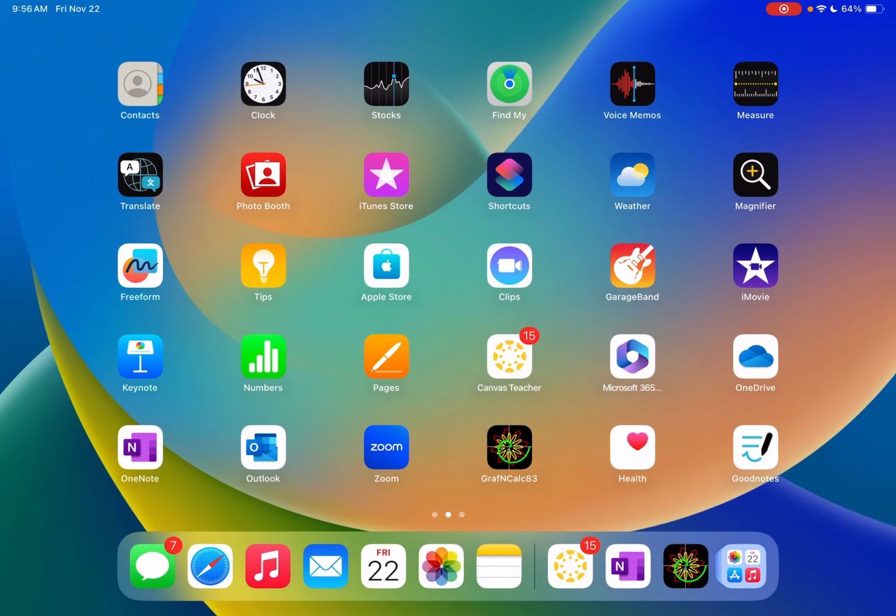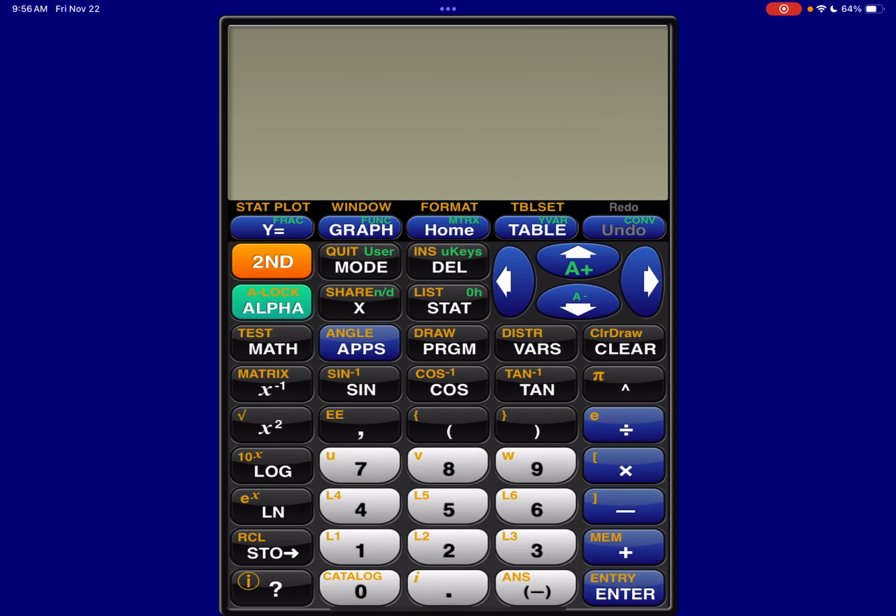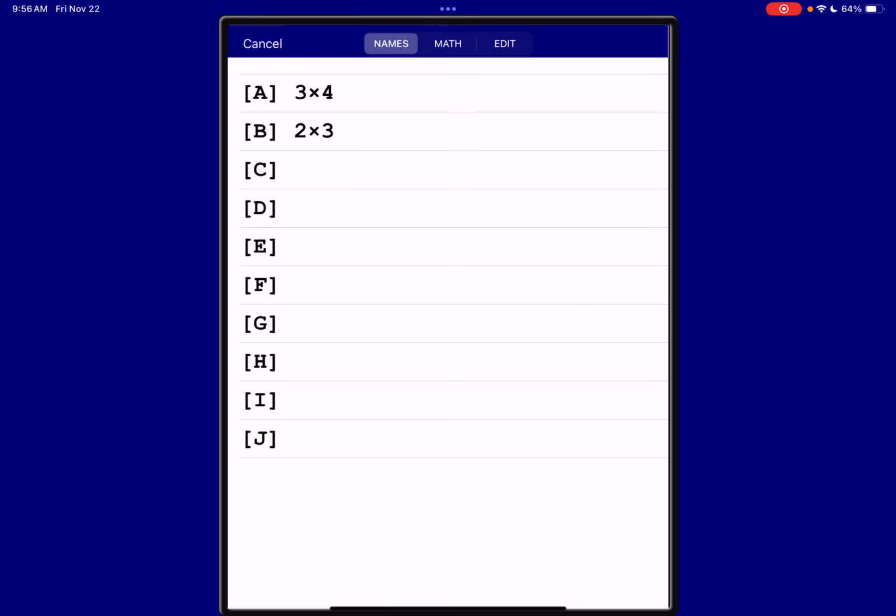So let me show you what we do. Here's the graphing calculator. Now, on a graphing calculator, you see matrix right under math, but it's a second button, so second matrix. And maybe there are some already in there that you have edited, and maybe not. I had started to enter a few.